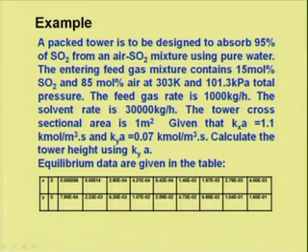The feed gas rate is given as 1000 kg per hour. The solvent rate is given as 30,000 kg per hour. The tower cross sectional area is 1 meter square, and it is also given that Kxa is 1.1 kmol per meter square second and Kya is 0.07 kmol per meter square second. We have to calculate the tower height using Kya. The equilibrium data is given in this table, where x and y values are given.